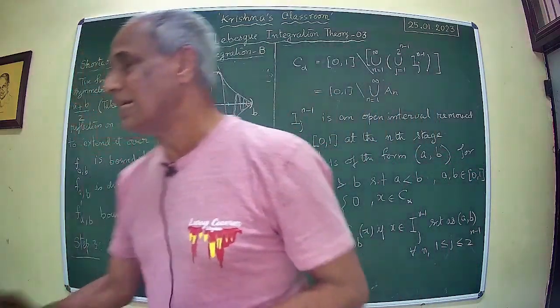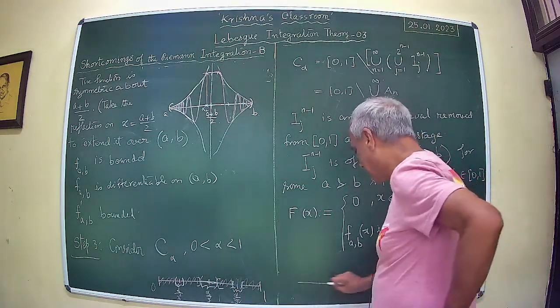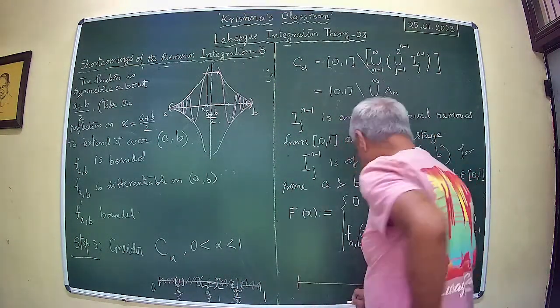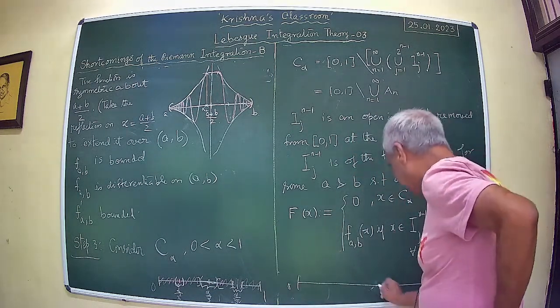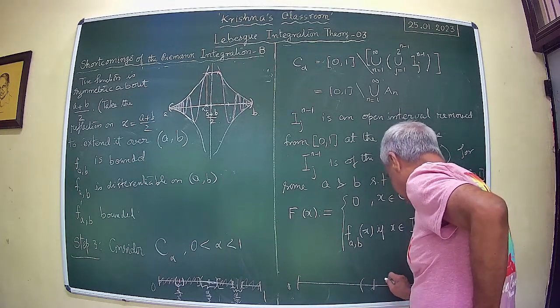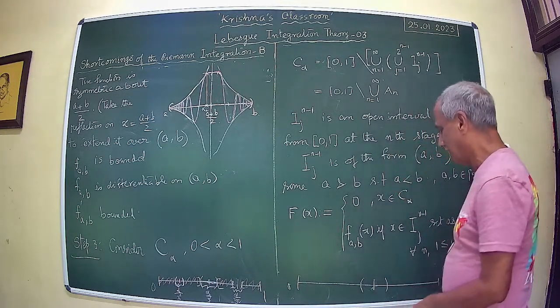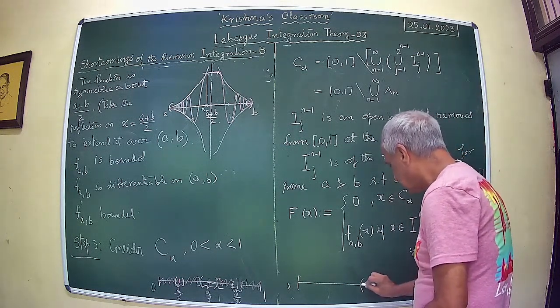So what happens here? The sort of function that emerges is this. This is the interval 0, 1, and this is the midpoint, and this is the first interval that you have removed, and there you see that there is a function something like this.